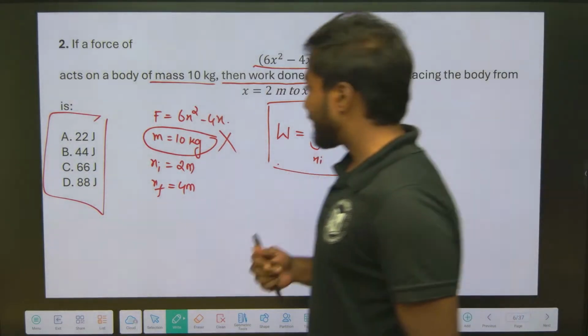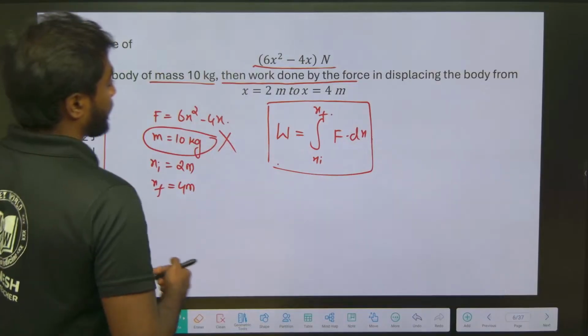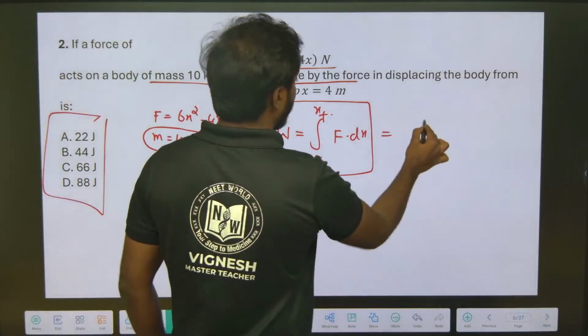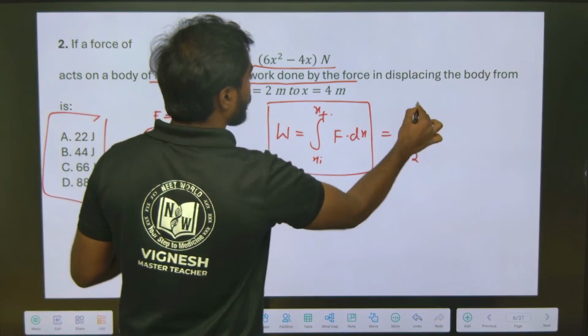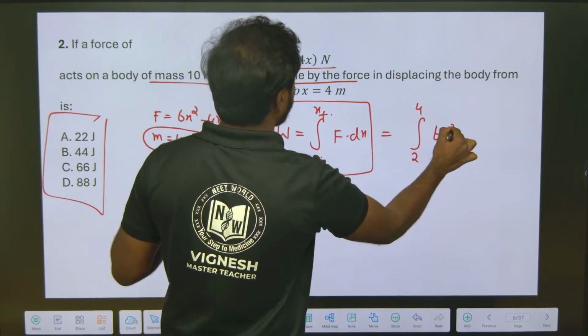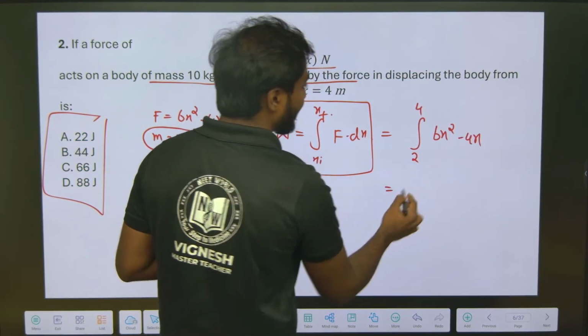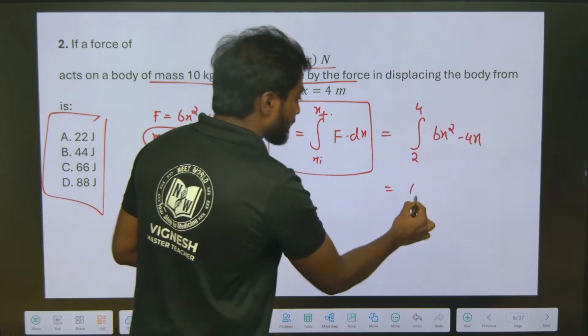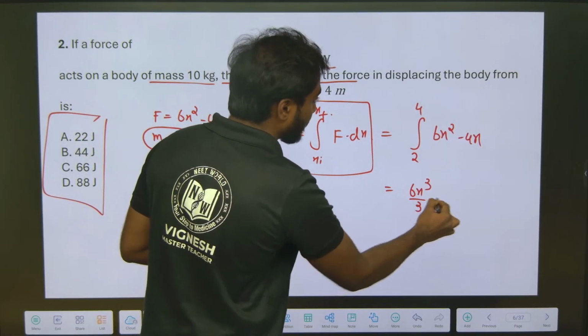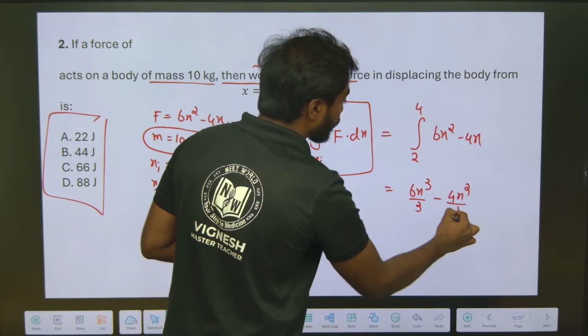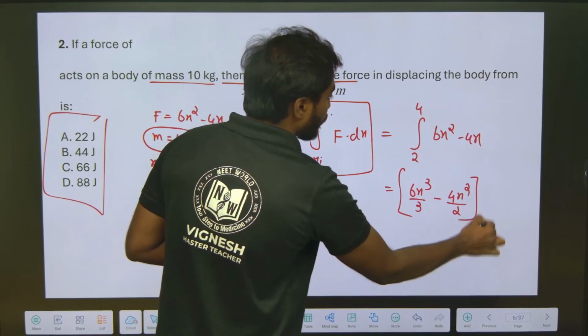Okay, so let's see the answer now. We will take the integral from 2 to 4 of 6x² − 4x. So what is the integration of 6x²? It is 6x³ by 3 minus 4x² by 2, from 2 to 4.